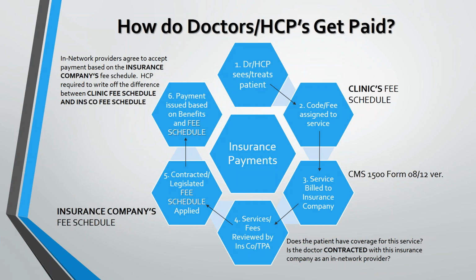And if they do, then they're going to look at something called a contracted or legislated fee schedule. And they're going to look at the contract that they, meaning the carrier, have with that physician, or if they have a contract with that physician. And if they do, then the contracted fee schedule will be applied to that service, and then the payment will be issued based on the patient benefits and the fee schedule.